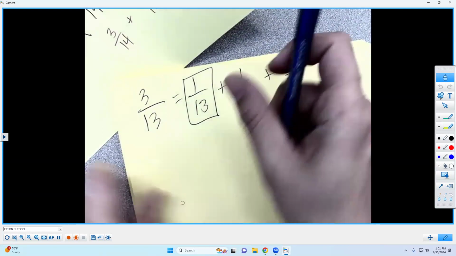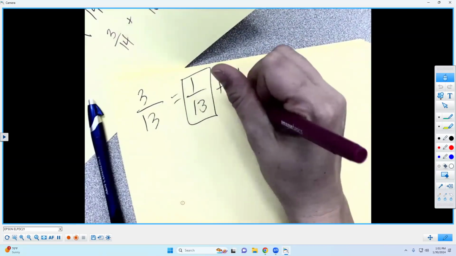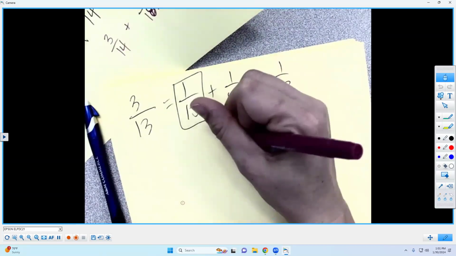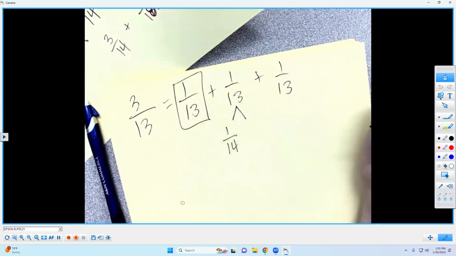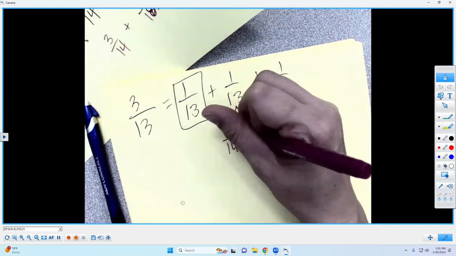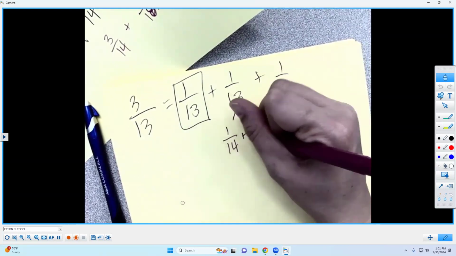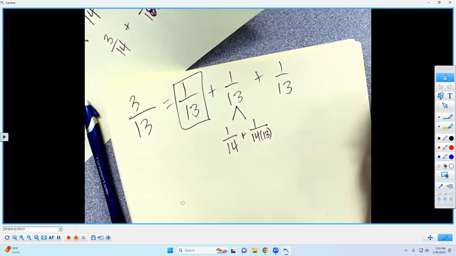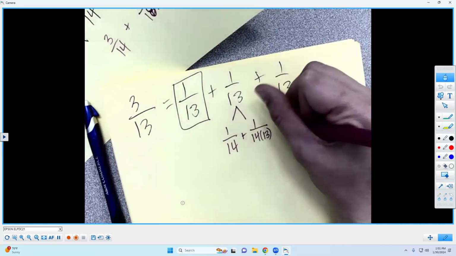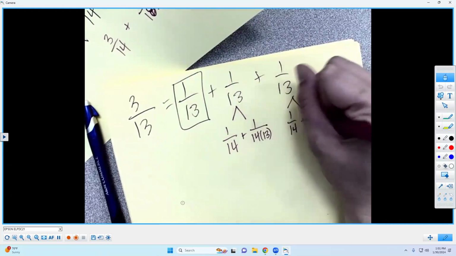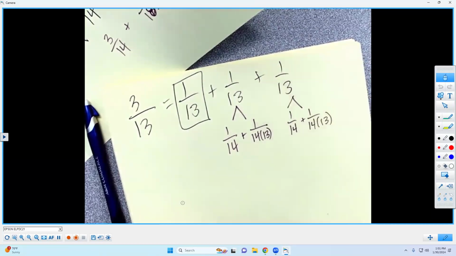This one would turn into 1 over 14 plus 1 over 14 times 13. Agreed? And this one is going to be the same thing: 1 over 14 plus 1 over 14 times 13.